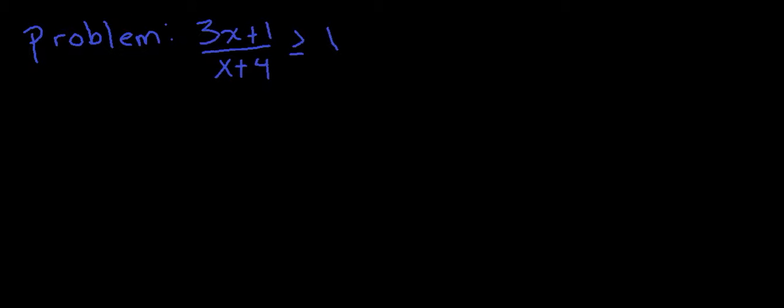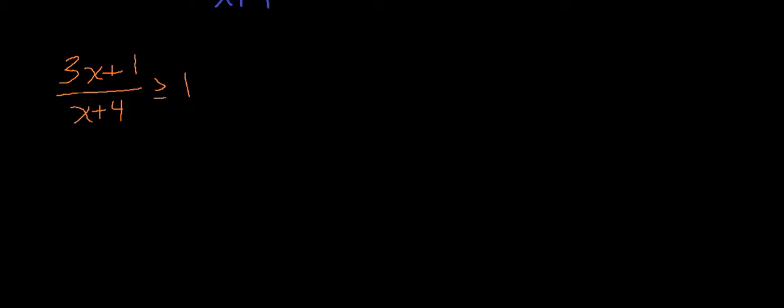So step 1, here we go, solving the problem. (3x + 1) divided by (x + 4) is greater than or equal to 1. So like I said before, all we want to do here is just solve for x, okay? So that will tell us what value x is, or what values are greater than or equal to x in this case.